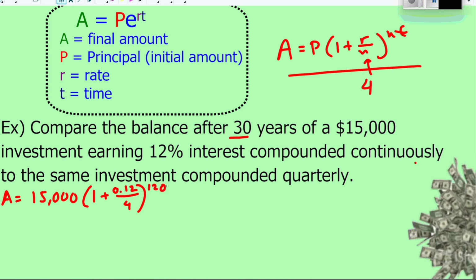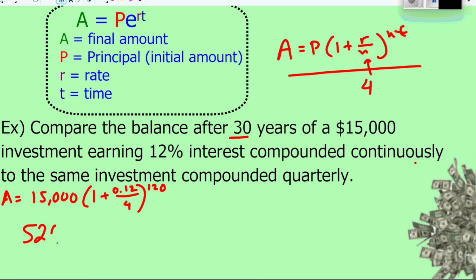Give me a second to type this in. We have 15,000. Hopefully you're doing this with me. 15,000 times, parentheses, 1 plus 0.12 divided by 4, all raised to the 120. Okay, and this gives me 520,000.